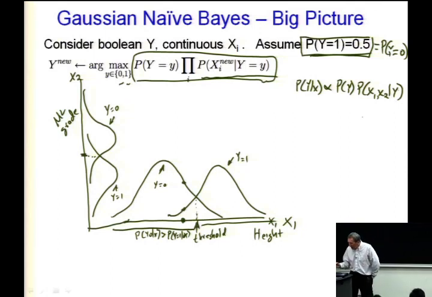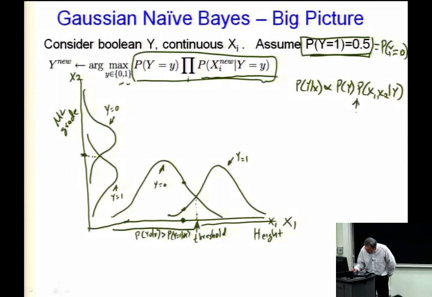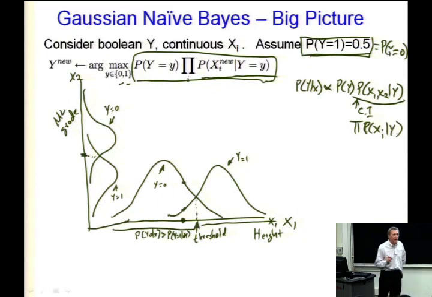And of course, our naive Bayes conditional independence assumption says that we can re-express this quantity as the product of those different ones. Right?